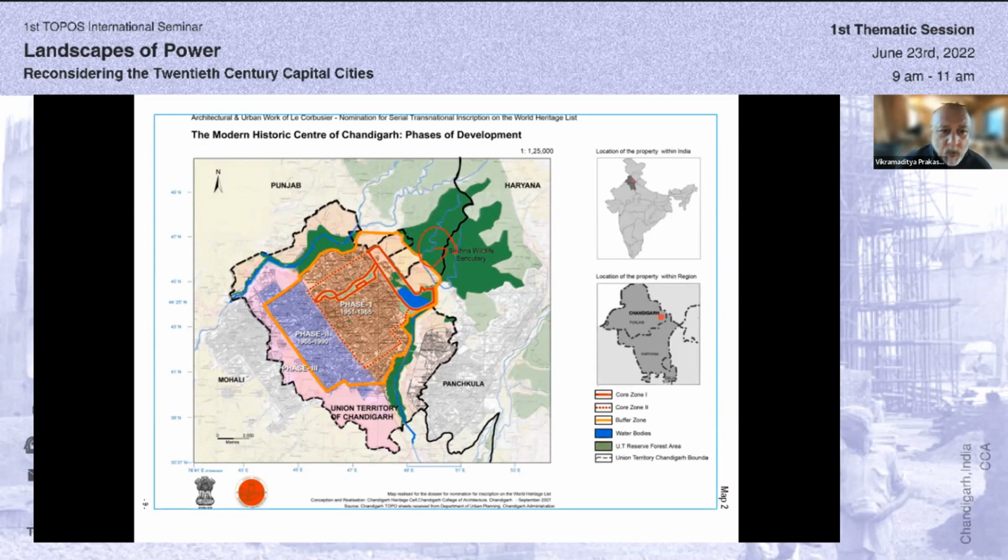And as you can see perhaps in this drawing over here, if you read it, it says Sukhna Wildlife Sanctuary. It just happened to be an area north of the city, which is a preserve for wildlife.